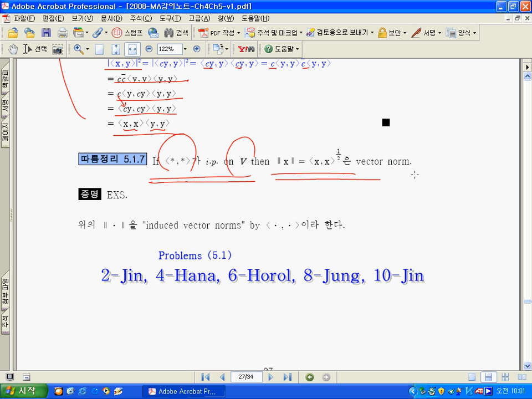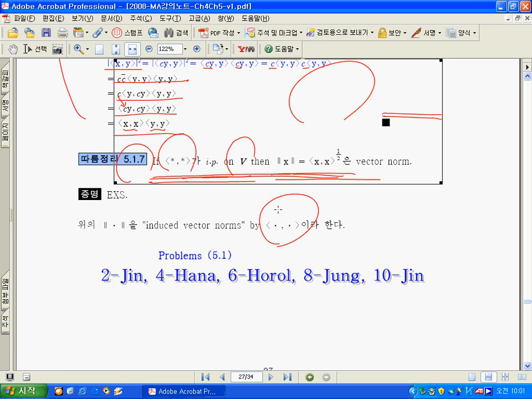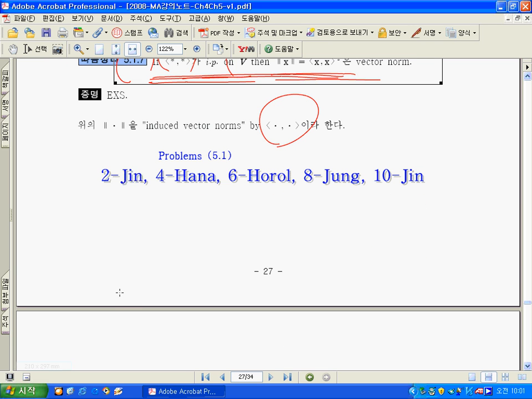We call this vector norm an induced vector norm by the inner product. From the inner product, we can make a vector norm in this way. Okay? Okay, that's the end of section 5.1.